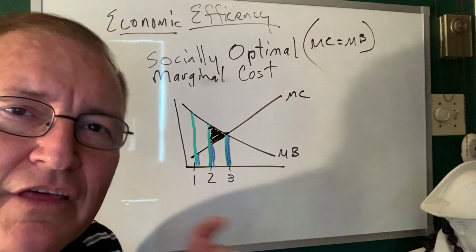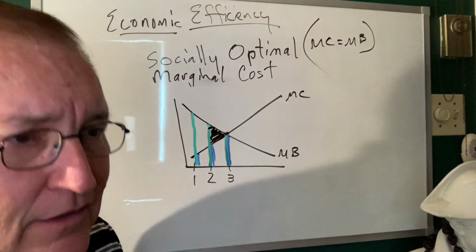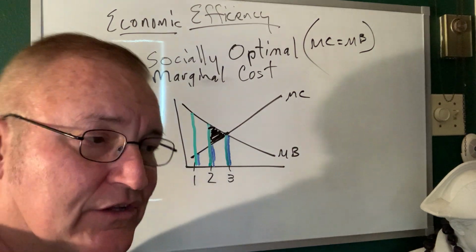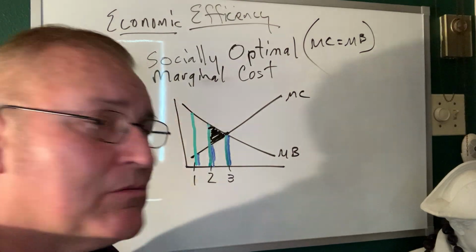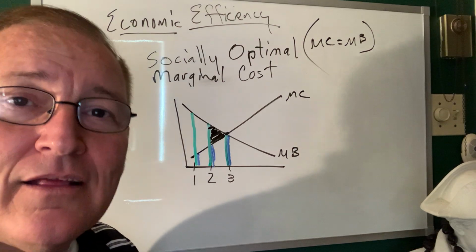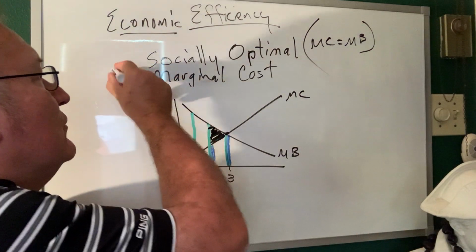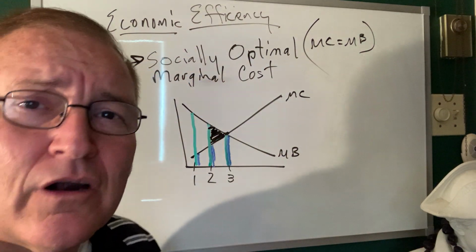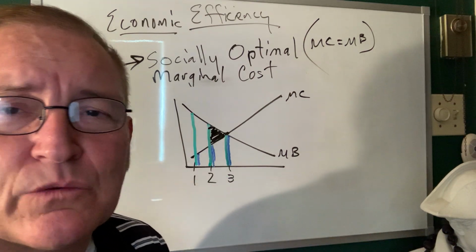We lose all of that utility. And again, the goal of every consumer, right, is to maximize utility, to maximize that benefit. And that is why the answer to what is socially optimal is the point at which the marginal cost equals the marginal benefit.